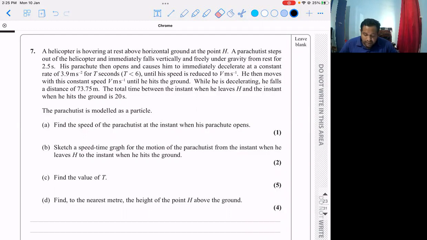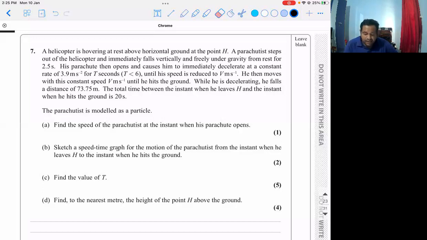His parachute then opens, causing him to immediately decelerate at a constant rate of 3.9 meter per second square for t seconds, where t is less than 6. Then, until his speed is reduced to 4 v meter per second, he then moves with the constant speed v meter per second until he hits the ground.